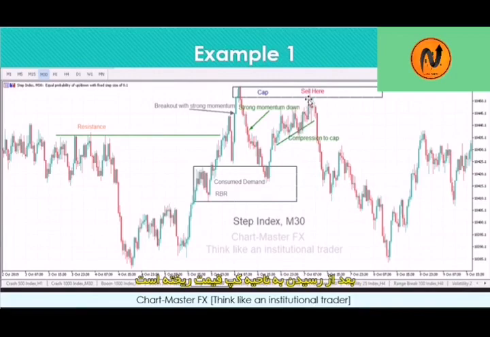Once the price reached the cap area, the price dropped. And look, guys, we had a fresh demand here, so this would be your target profit on a fresh demand, and our stop loss would be just above the cap area.